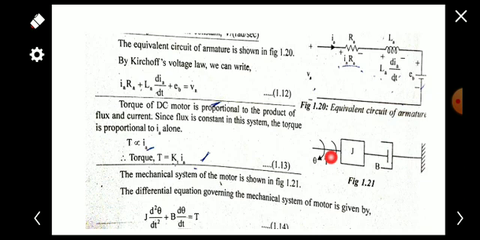T is equal to J into d square theta by dt square plus B into d theta by dt. The opposing torque due to mass is J into d square theta by dt square, and the opposing torque due to the dashpot is B into d theta by dt. So J into d square theta by dt square plus B into d theta by dt is equal to T. This is the third equation. So first, second and third.